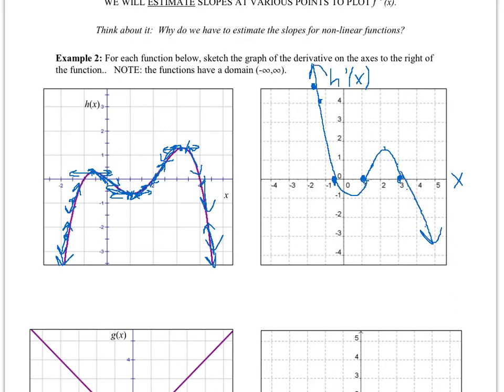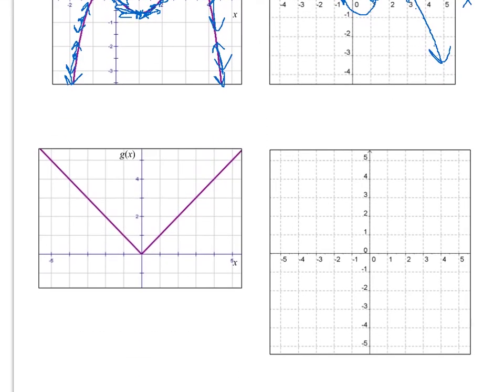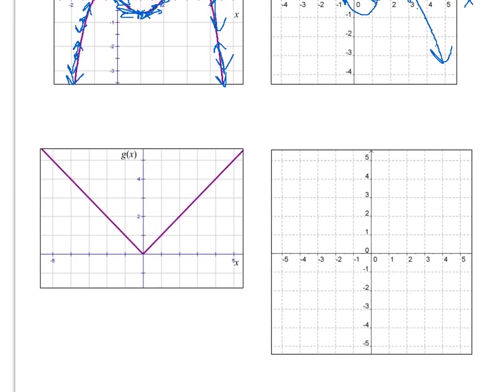Okay. So the functions that are curved are much more difficult, obviously, than the linear functions. We like the linear ones. If you take a look at g of x, first thing I'm going to do is label this as g prime of x. This would be x, and this would be x. And I'm going to put arrows on this guy.